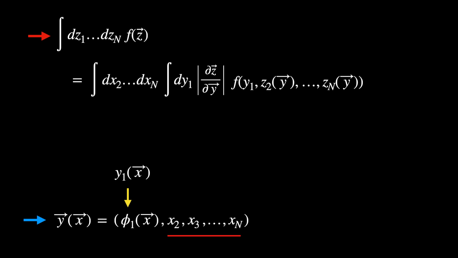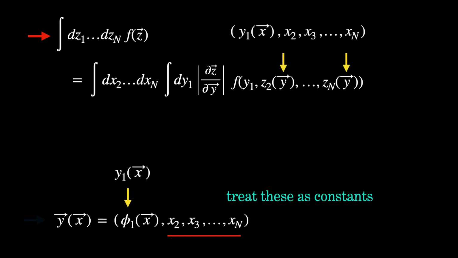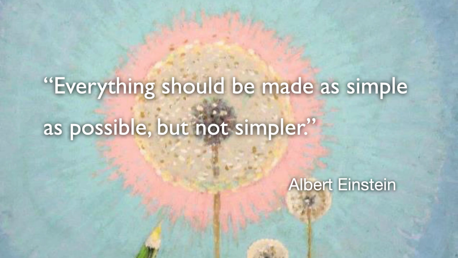Under the integral over y1, the variables x2 to xn could then be treated as constants. Note that all these y's are functions of x by the map below, but only x1 is considered a variable under the integral over y1. So we could treat y1 as a single variable function of x1.